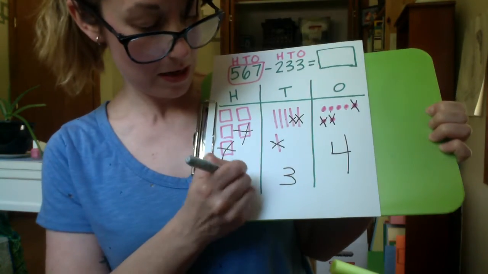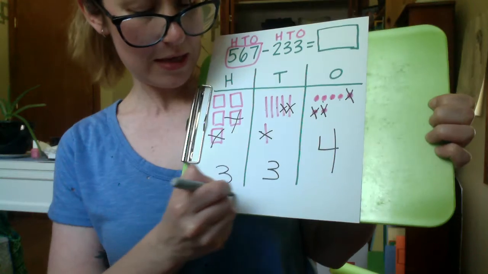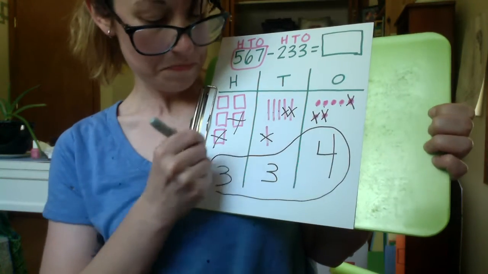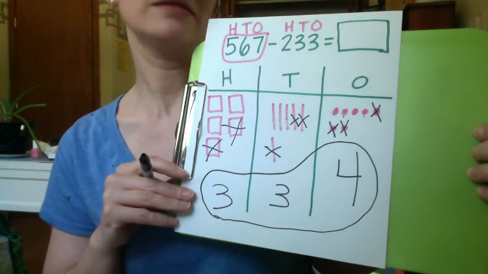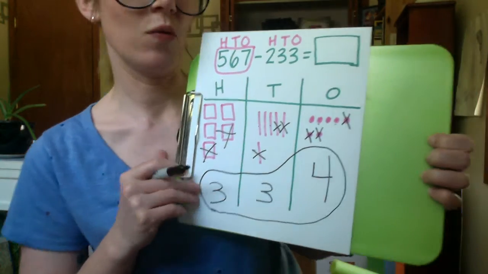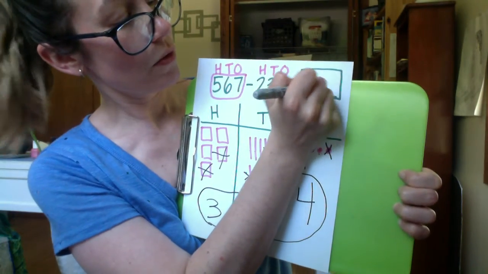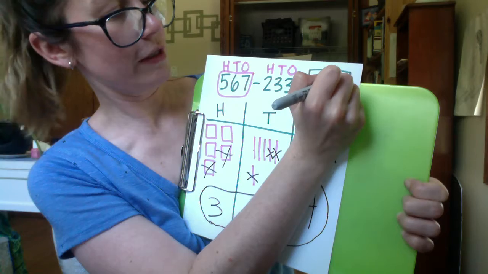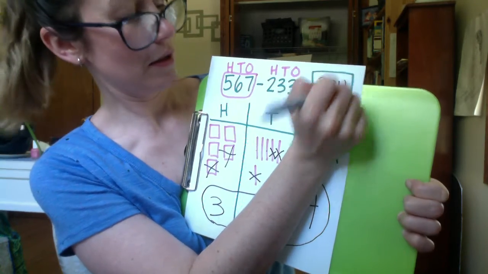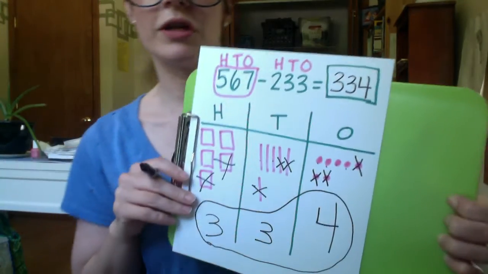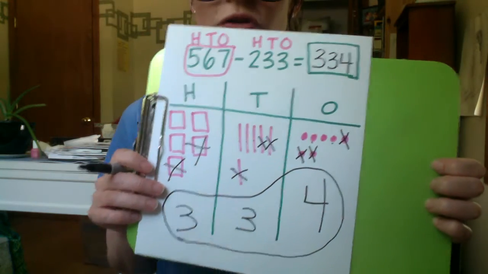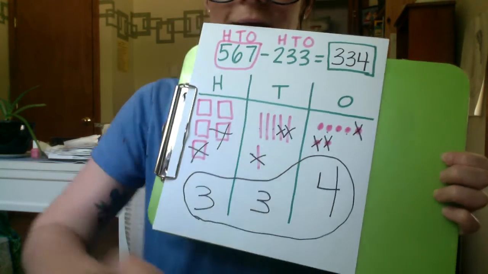So let me write that 3. Now, can you see my answer? 3 hundreds, 3 tens, and 4 ones. So 567 minus 233 is 334.